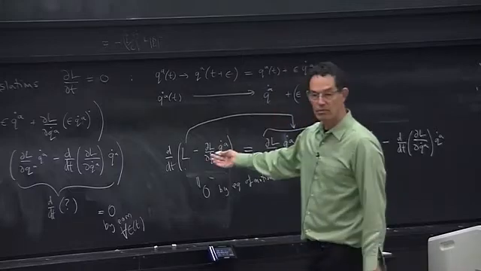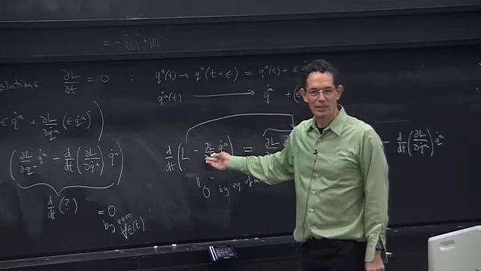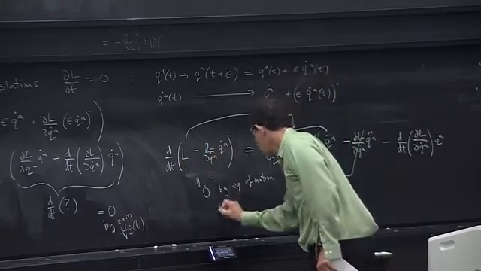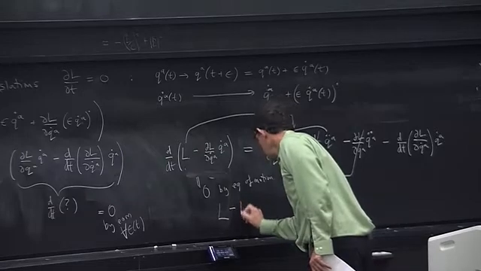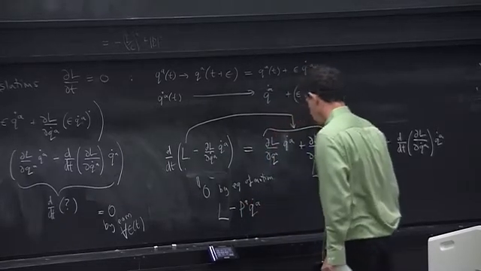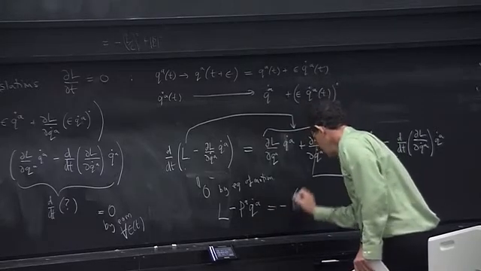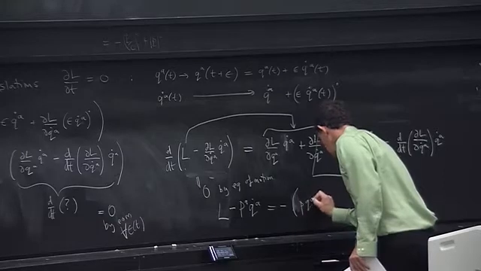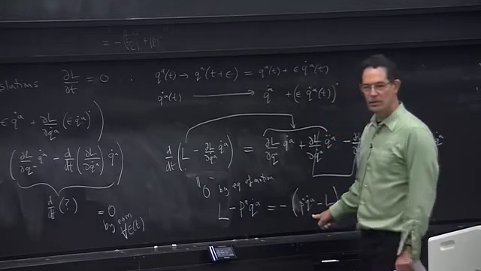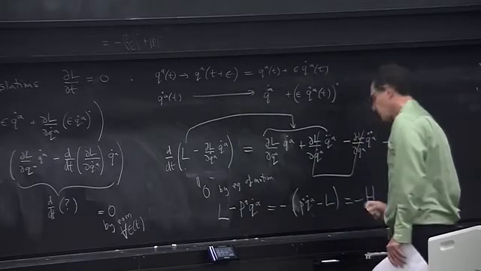And what is this? This is a well-known quantity. What is this in Lagrangian mechanics? This is L minus p q_a dot, or alternatively, minus (p q dot minus L). What's that? The Hamiltonian.